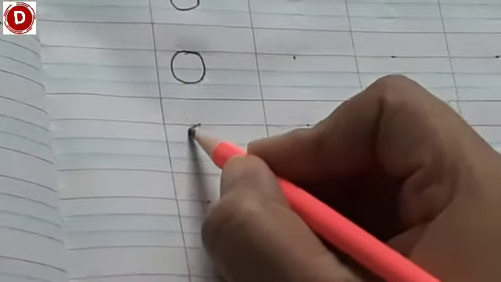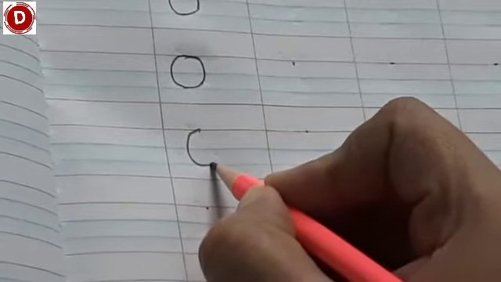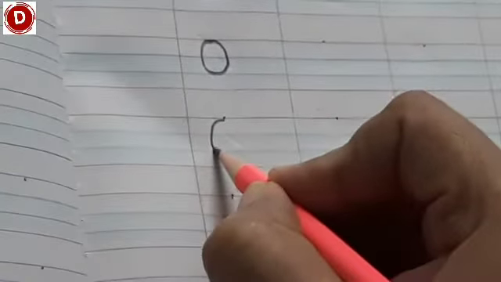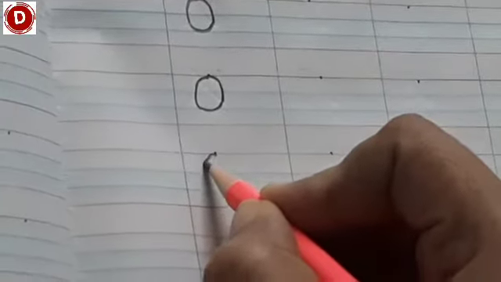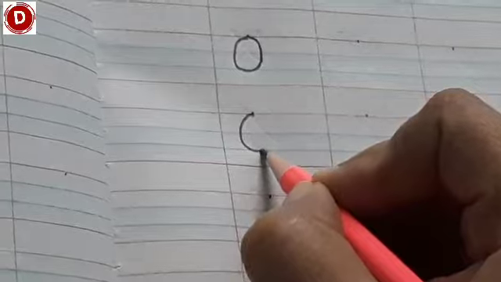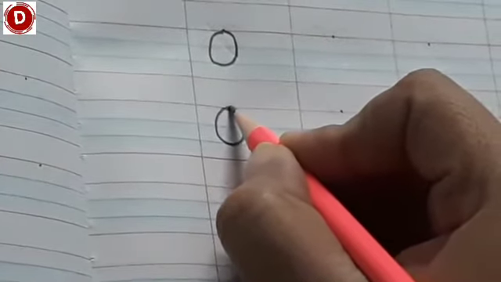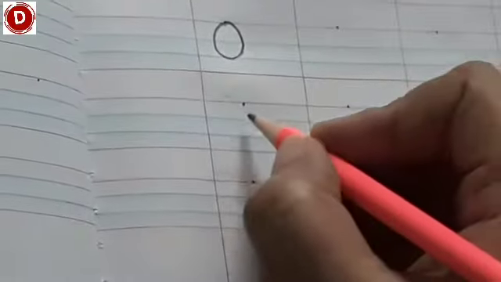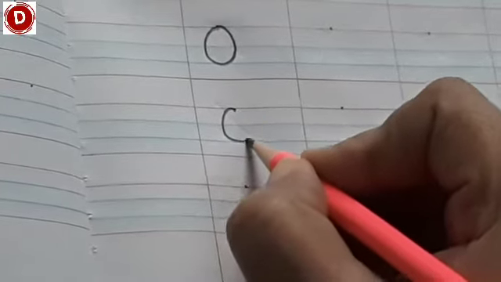In this way you have to write O. O for orange, O for ostrich, O for owl. This is O. In this way you have to write, touch the second blue line also, children, and start from the red line, go till the second blue line and then come up and then touch the red line. Like this you have to write O.